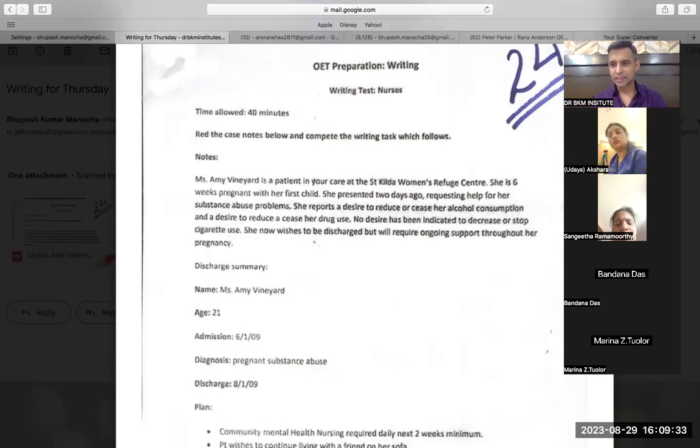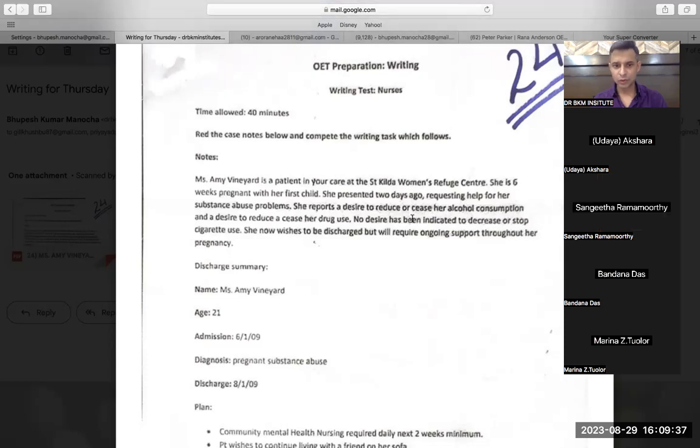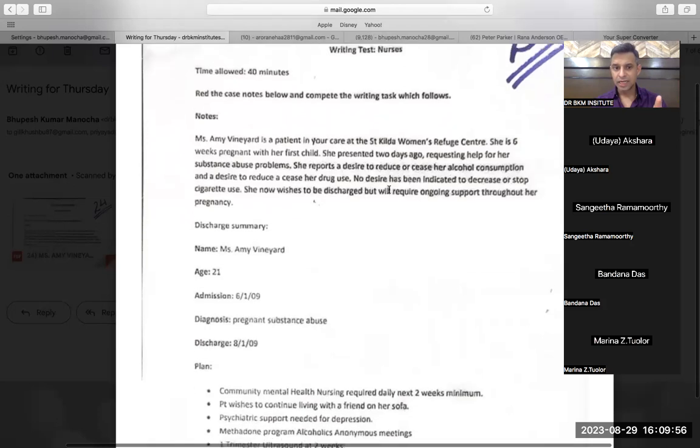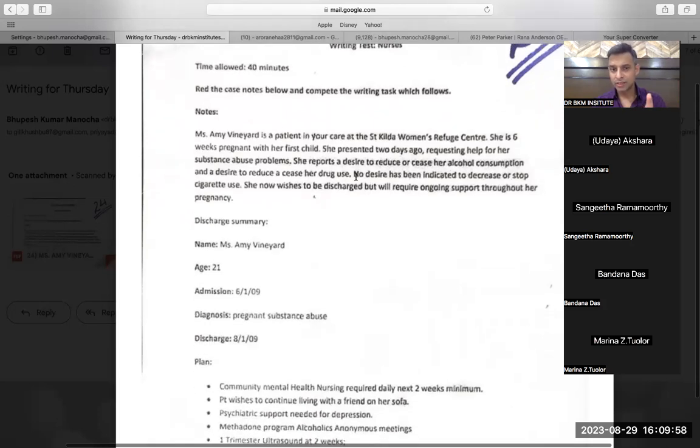That means this patient has come to you with a substance abuse problem, and she is 6 weeks pregnant. She reports a desire to reduce or cease her alcohol consumption. So the patient has come to you to decrease alcohol consumption and to reduce her drug use.